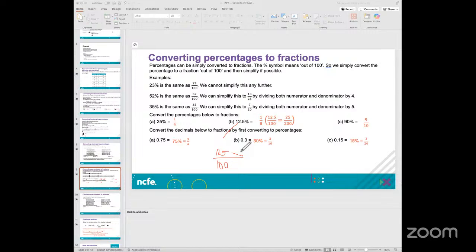So 12.5 multiplied by 1 is 12.5, and then the denominator underneath will become 100 as I've multiplied 1 by 100. Now, if I have to take this decimal away, I need to add another 0. So taking that away would become 125 by 1000.